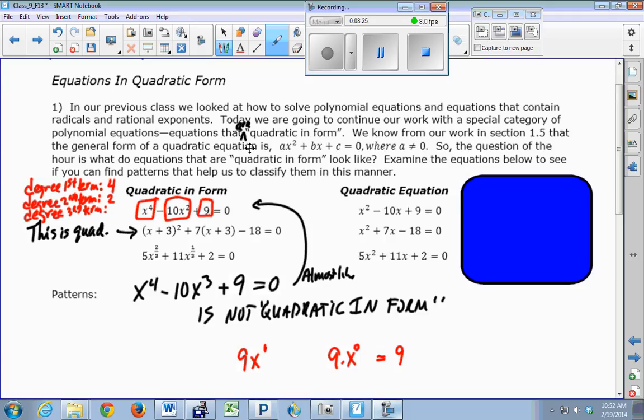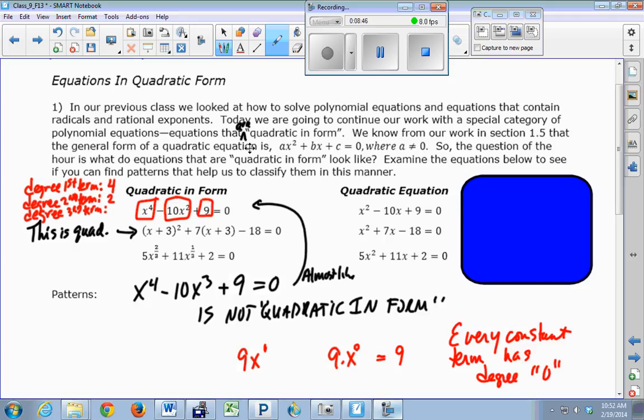So we could write 9 like 9x to the 0, but boy, that would be writing a lot, right? So every constant term has degree 0, because 9 could be written as 9 times x to the 0.